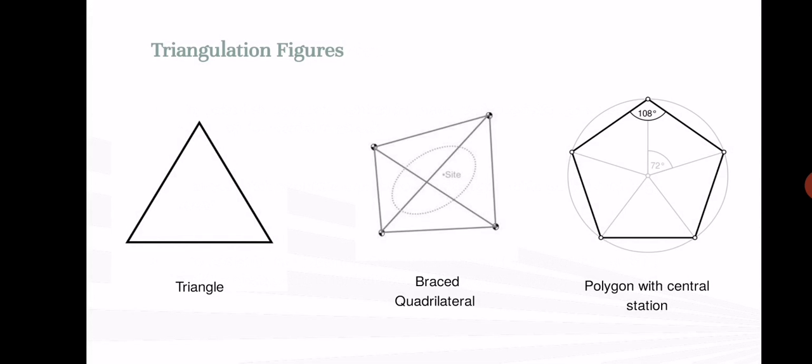Now, triangulation figures. While conducting a survey and using the triangulation method, we can use different types of figures like triangle, braced quadrilateral, or a polygon with a central station.